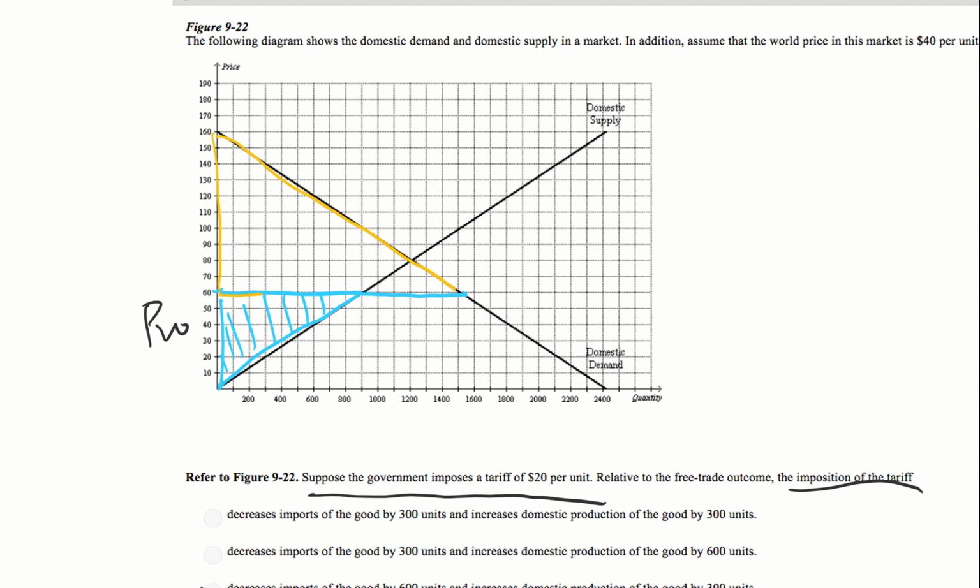The government will be better off because it collects tariff revenue. So this little rectangle here is tariff revenue. But the overall economy will be worse off, because we have a triangle here that's not recovered, and a triangle here that's not recovered. Those are our deadweight loss. So the overall economy is worse off.